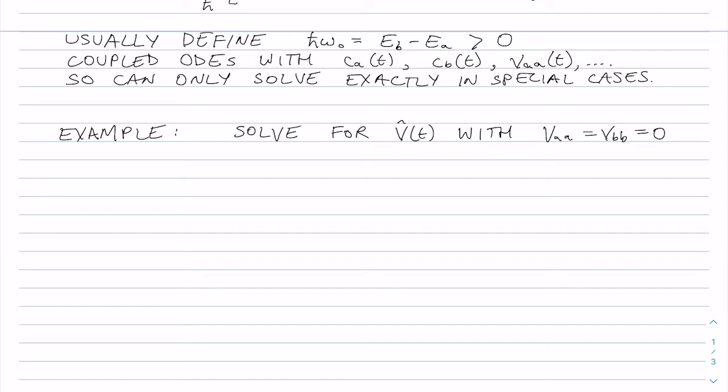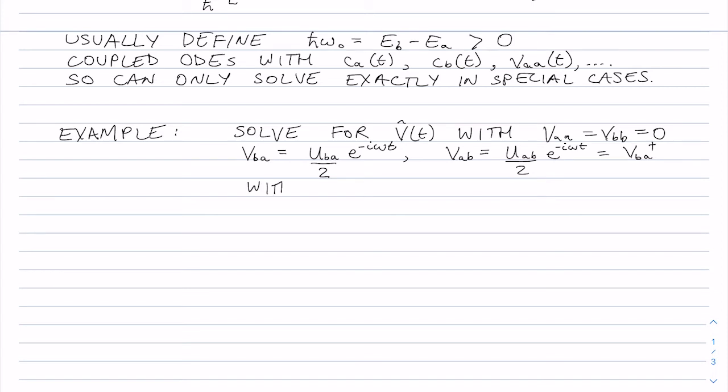And VBA is equal to some number UBA over 2 e to the minus i omega t, and VAB is equal to UAB over 2 e to the plus i omega t, which is the complex conjugate of VBA.